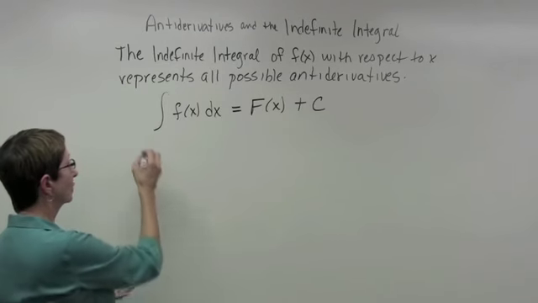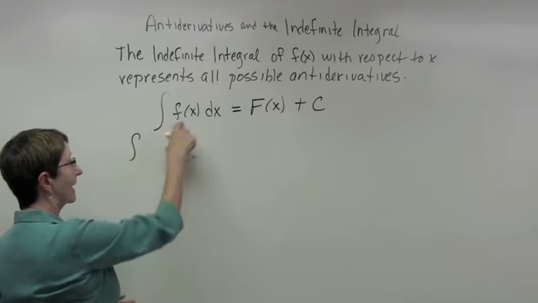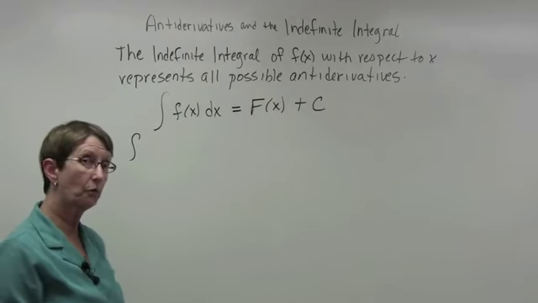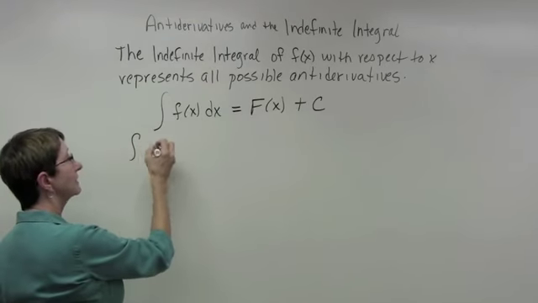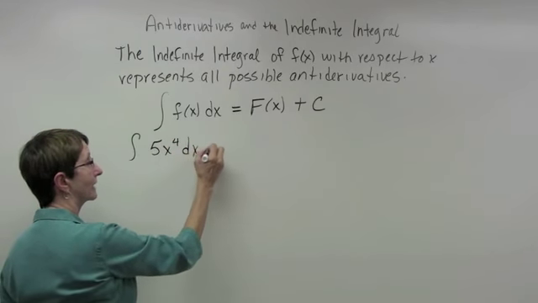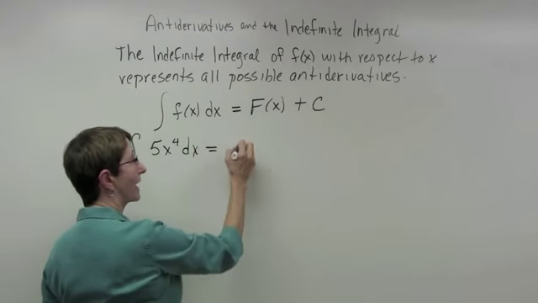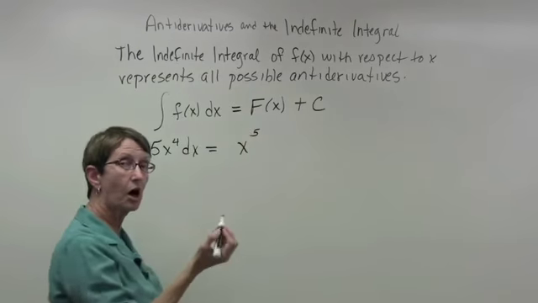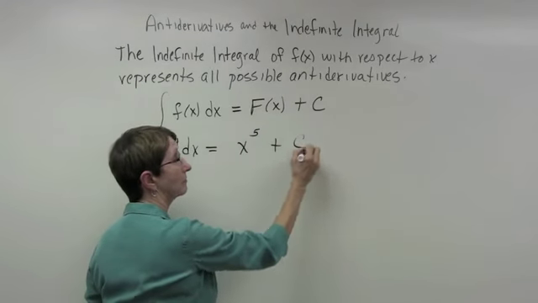So when we looked at f of x being 5x to the fourth, the indefinite integral of 5x to the fourth dx is equal to x to the fifth, we saw, plus c.